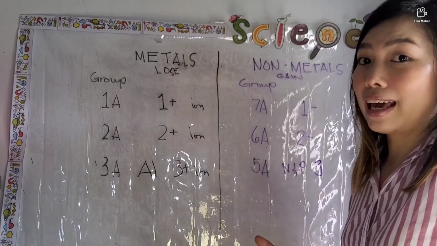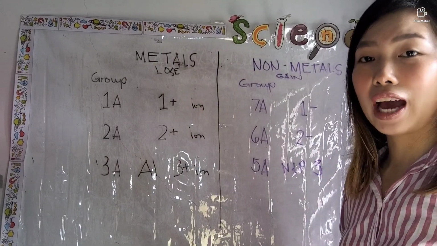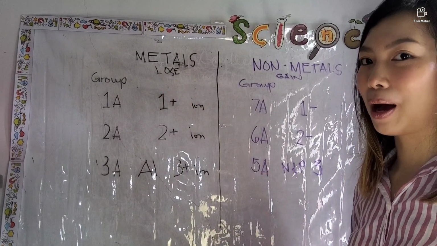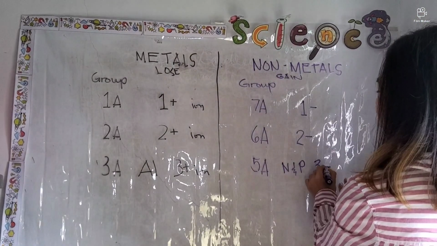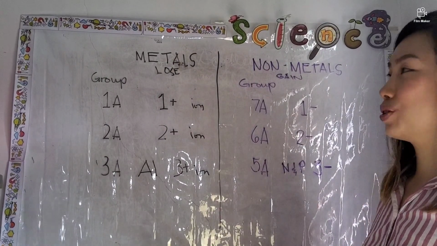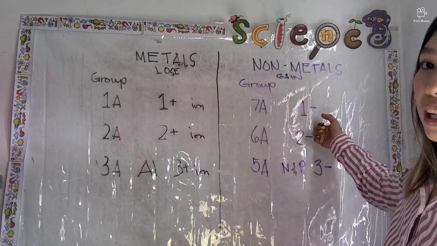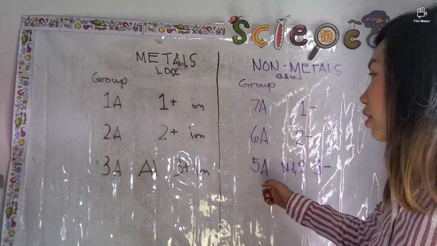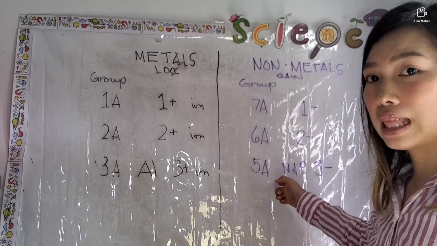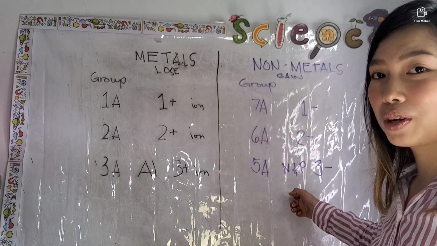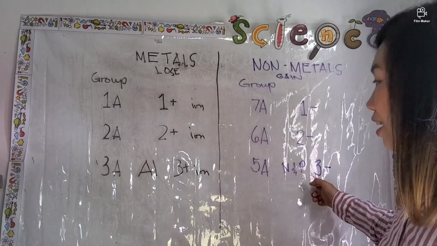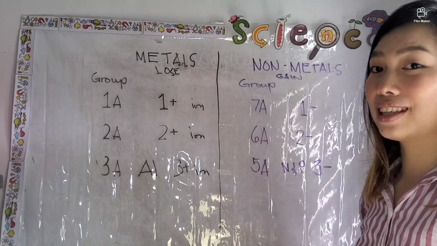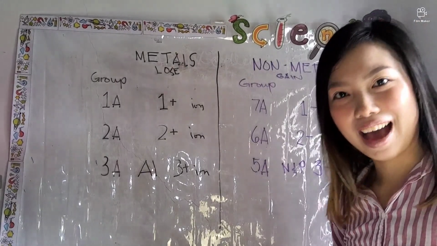At dahil nag-gain sila ng electrons, then their ions will become negative ions. So 7 will have a negative 1, 6 will have negative 2, and then group 5, which is nitrogen and phosphorus only, will gain 3 electrons, 3 negative ions.